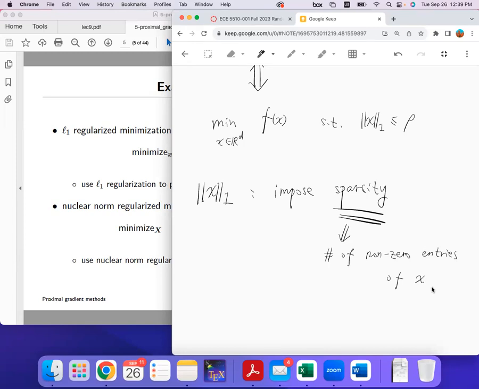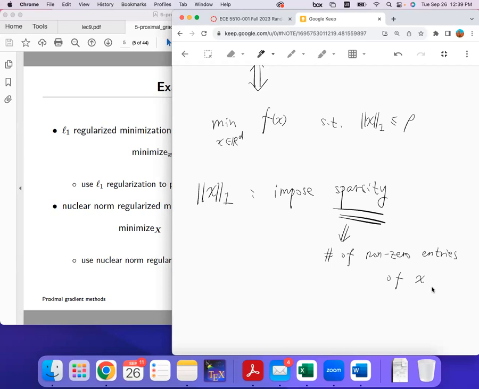Which means your solution x must be sparse. Only a few entries of x can be non-zero. And this structure turns out to be very important and very frequently appears in many problems.